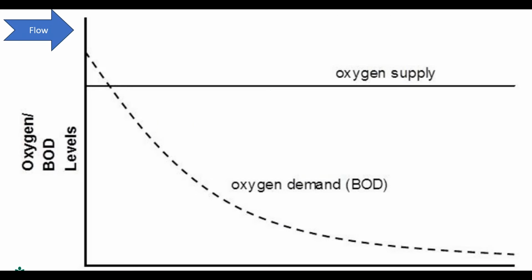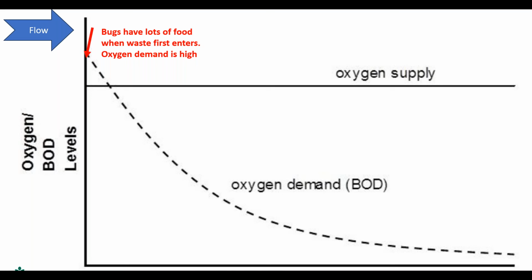As the waste enters, this diagram here is a tank with the beginning of the aeration tank on the left-hand side. As we first enter the aeration tank, where those two flows were coming in, there's a lot of bugs and a lot of food. So the microorganisms have a lot of food and the oxygen demand is very high.